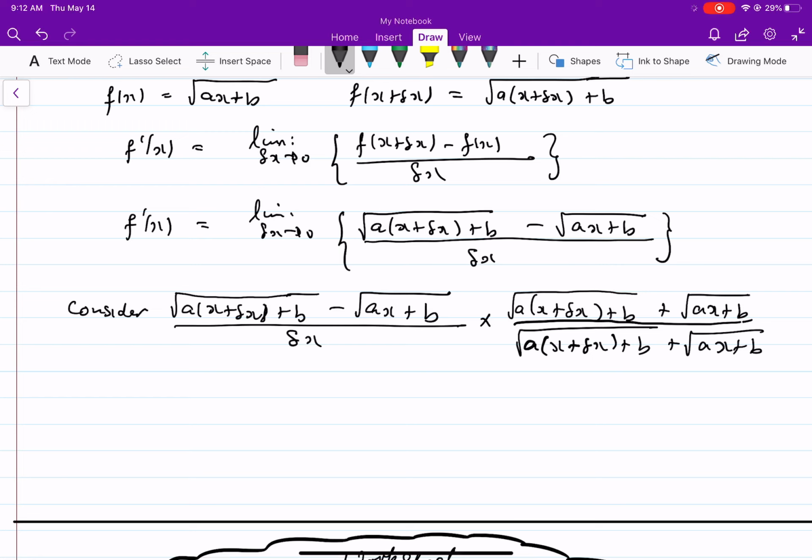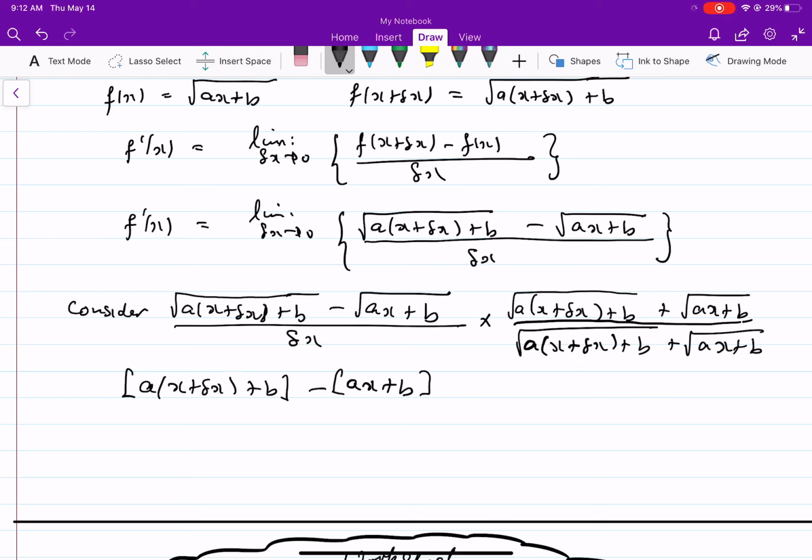Shortcut means multiply first by first, last by last, put a minus sign between them. So if I multiply the root of a into x plus delta x plus b by the same thing, I will simply get a into x plus delta x plus b. Minus, if I multiply the root of ax plus b by itself, I will simply get ax plus b.